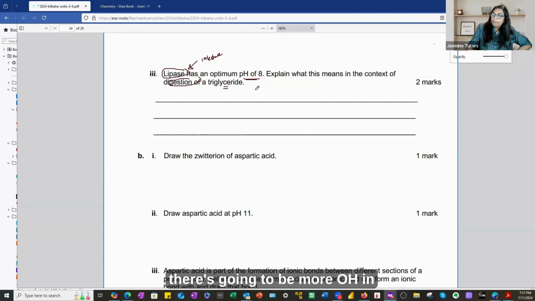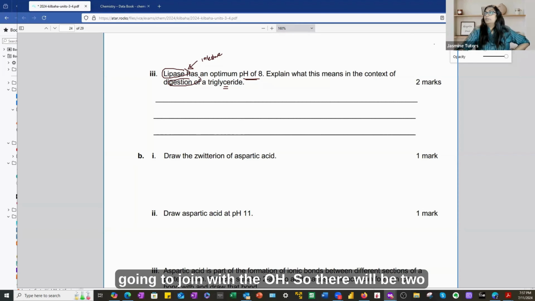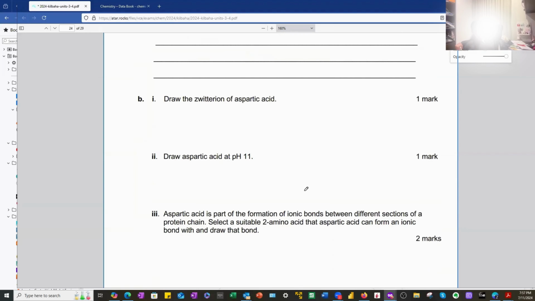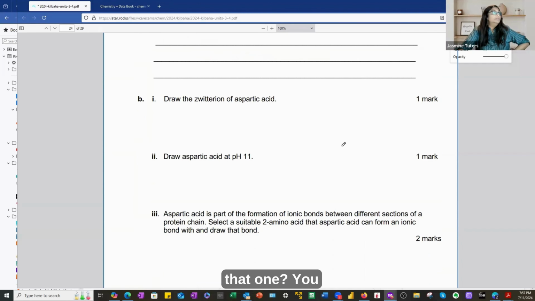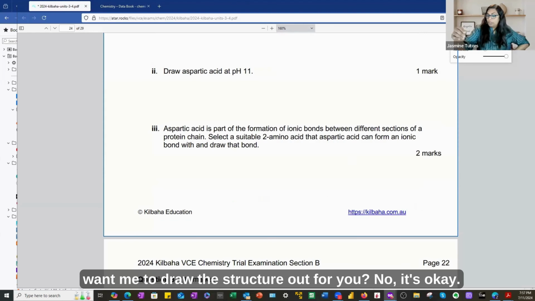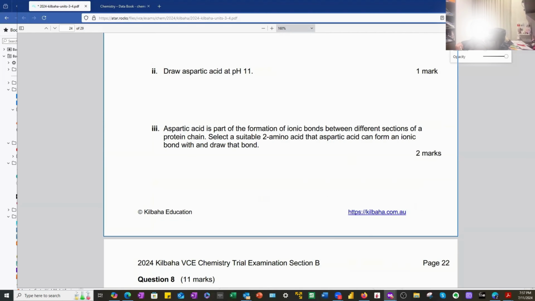So there's going to be more OH in the solution. The H is going to join with the OH. So there will be two negative charges. You want me to draw the structure out for you? No, it's okay.